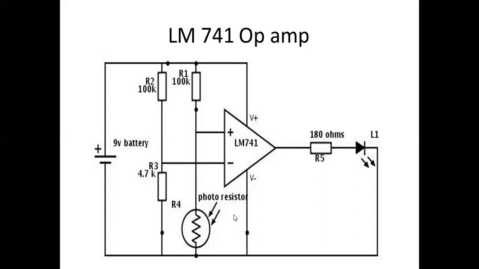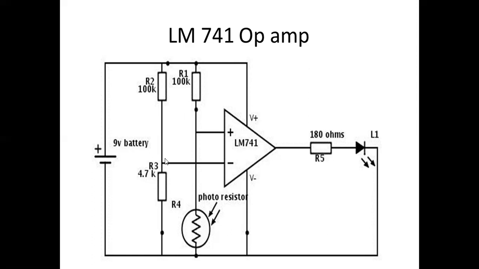When it is daylight and ambient light is sufficient, at that time the voltage at this point, the non-inverting terminal of the operational amplifier, is equal to the voltage at this point, the inverting terminal of the operational amplifier.